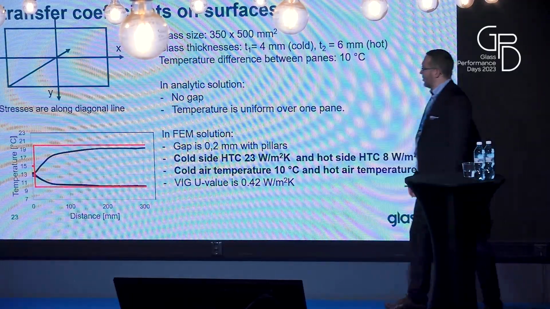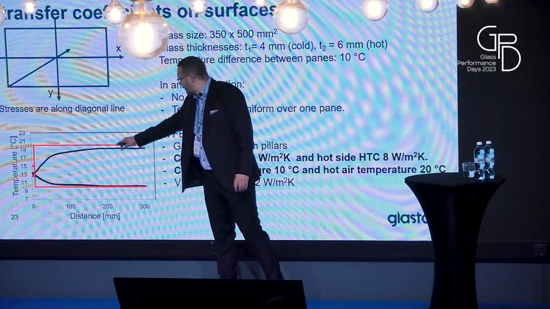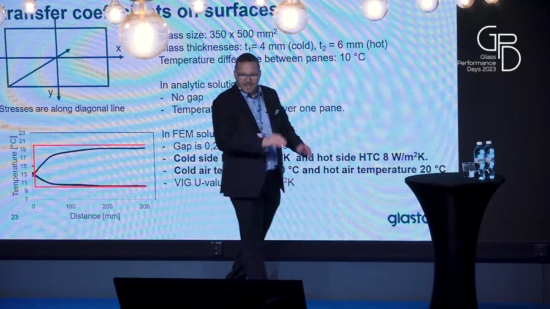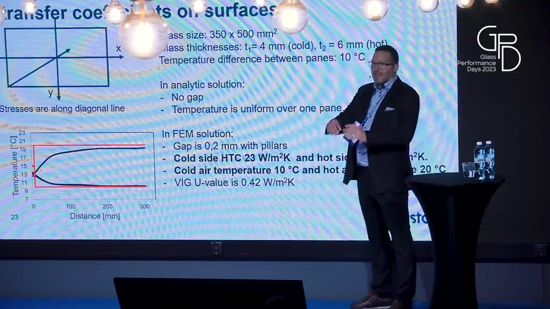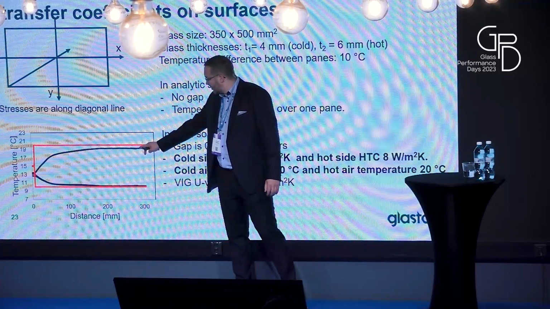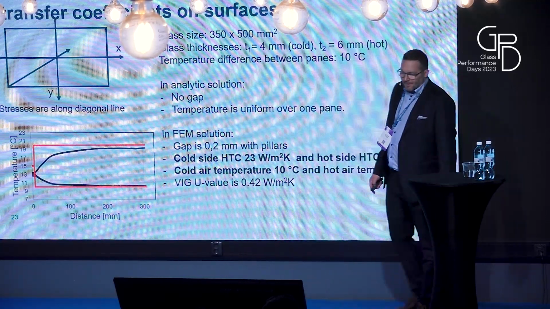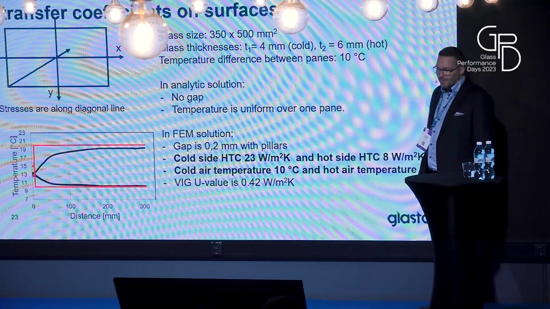So instead of the constant temperature in previous cases, we now have a temperature profile which is getting closer to the average edge temperature at the edge. And also, because of heat transfer coefficients, the glass temperature in the middle of the glass is also a little bit smaller than before. But otherwise, the analytical solutions were the same, and there is some information about the case we have used.